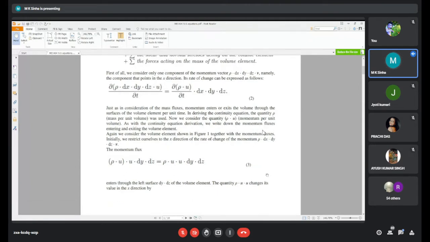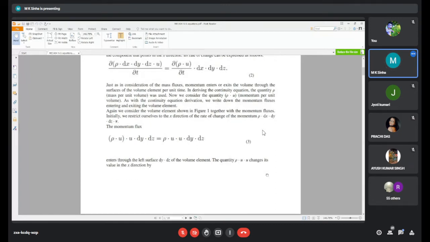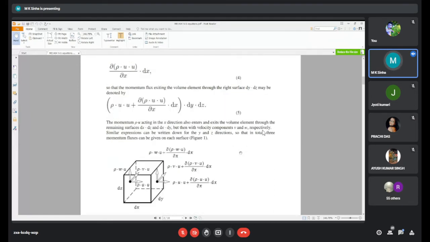The flow entering along the x-axis passes through the surface area perpendicular to the x-axis, which is dy dz.